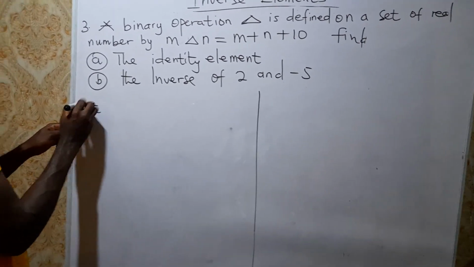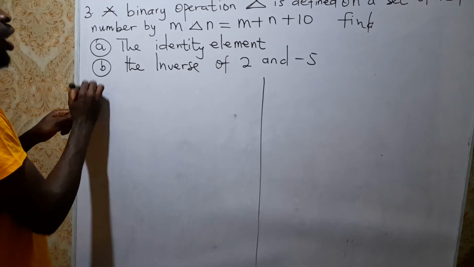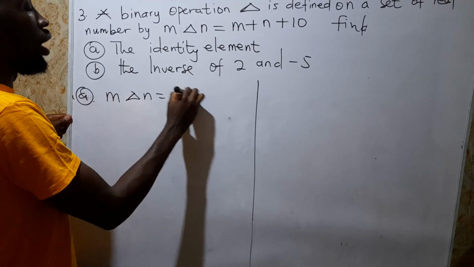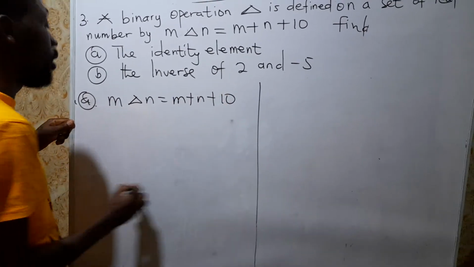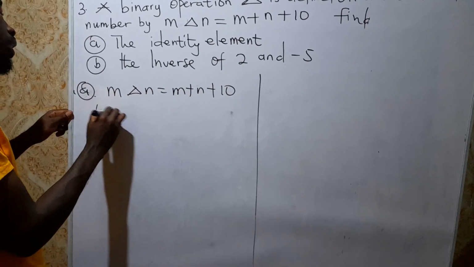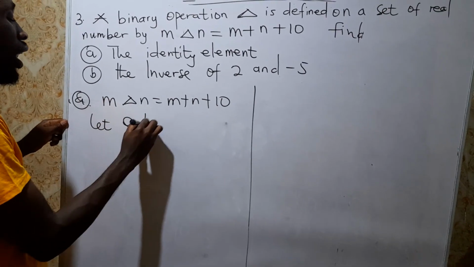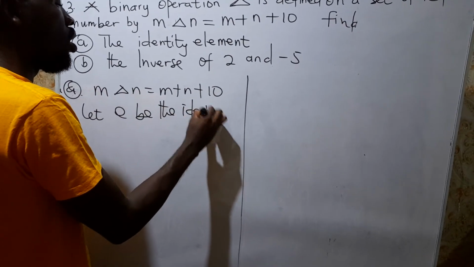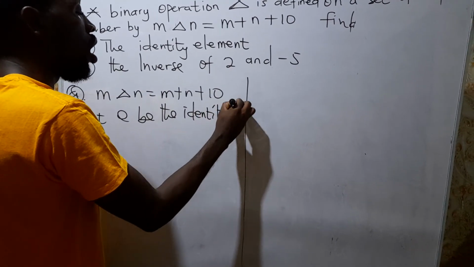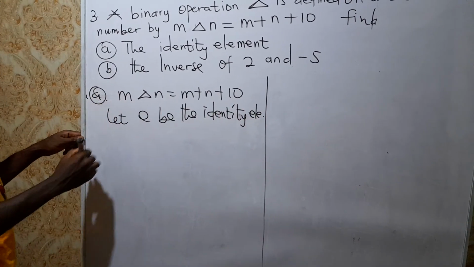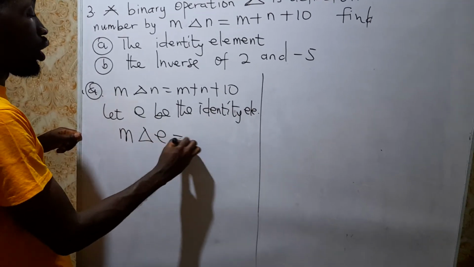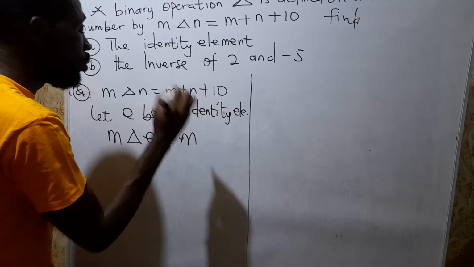So remember, m delta n is equal to m plus n plus 10. Let e be the identity element. So remember, when it's the identity element and it's combined with m, it will give m.